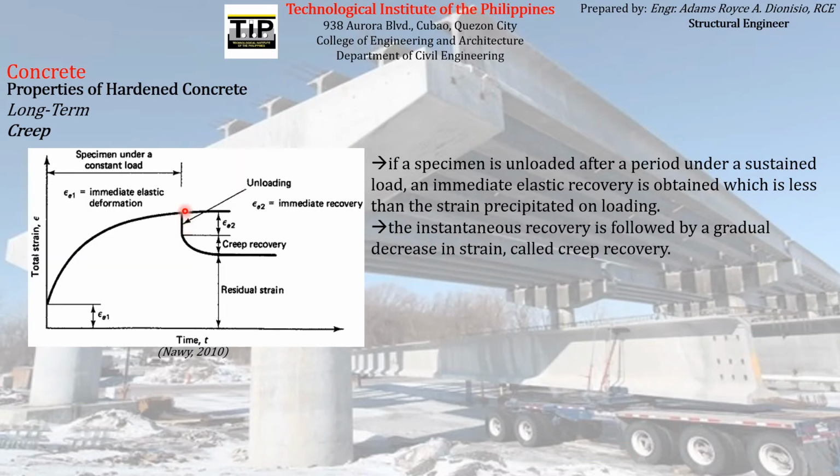After that instantaneous recovery, you can see on the graph that there is a gradual decrease in strain. The material continues to recover strain, and that gradual decrease in strain is what we call the creep recovery.